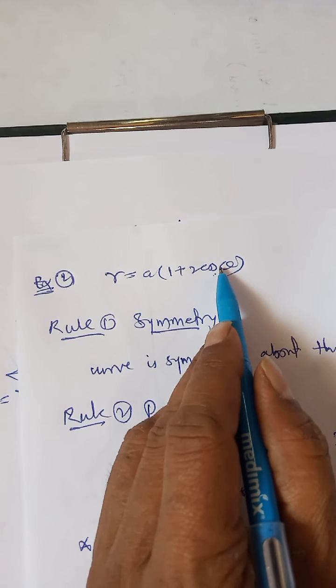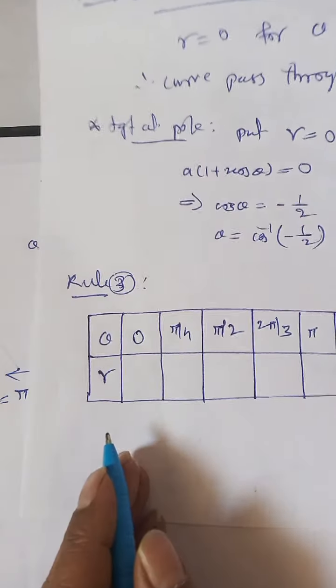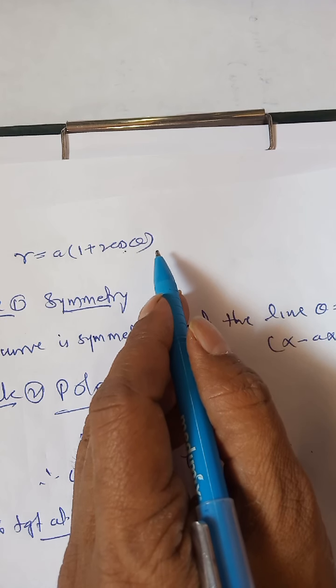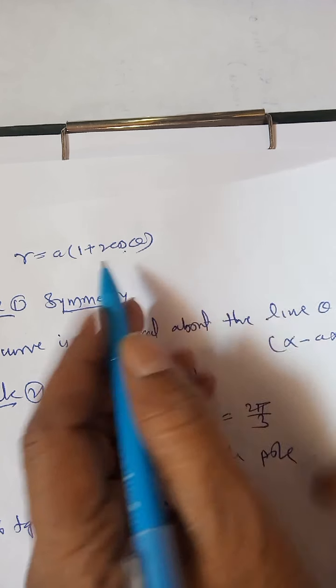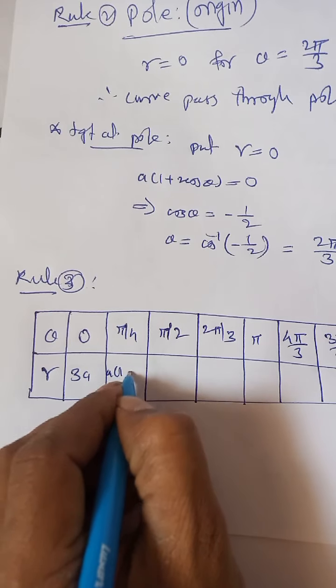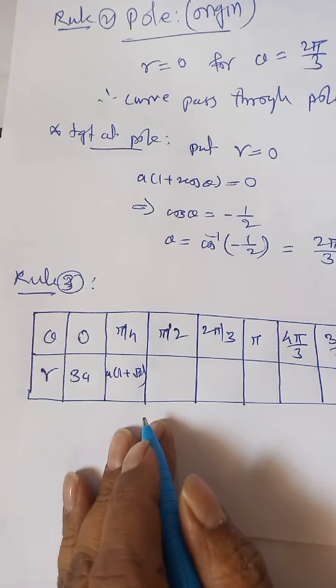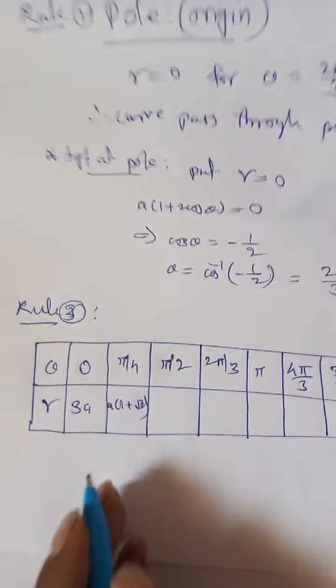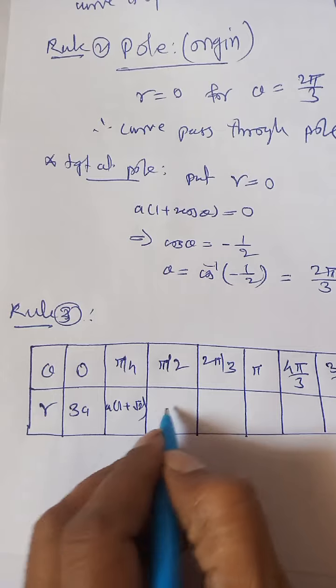Cos 0 is 1, so for theta equals 0, the value of r is 3a. For theta equals pi by 4, cos pi by 4 is 1 by root 2, so 2 by root 2 means root 2. So it is a into 1 plus root 2. For pi by 2, cos 90 is 0, so r is a there.